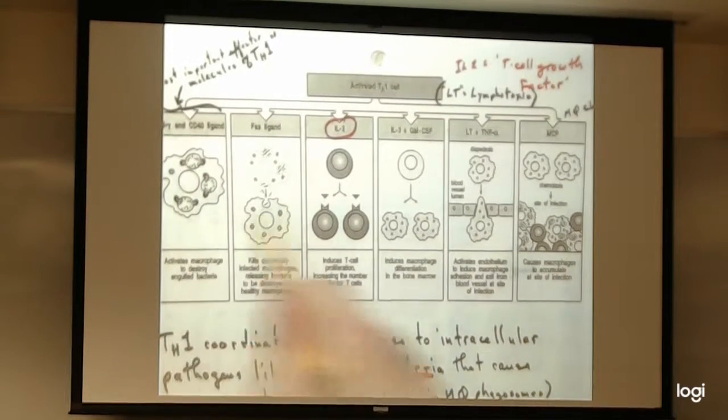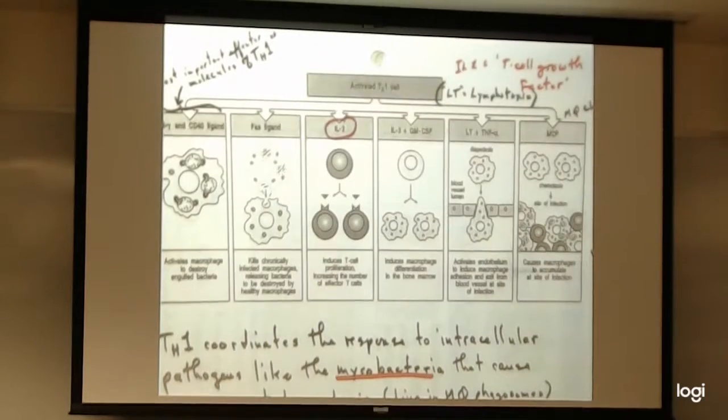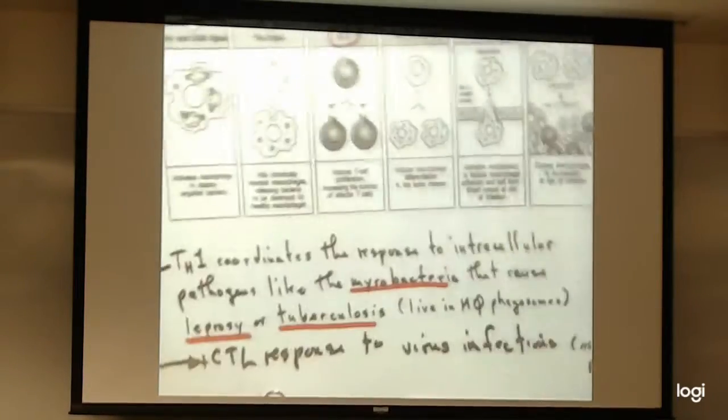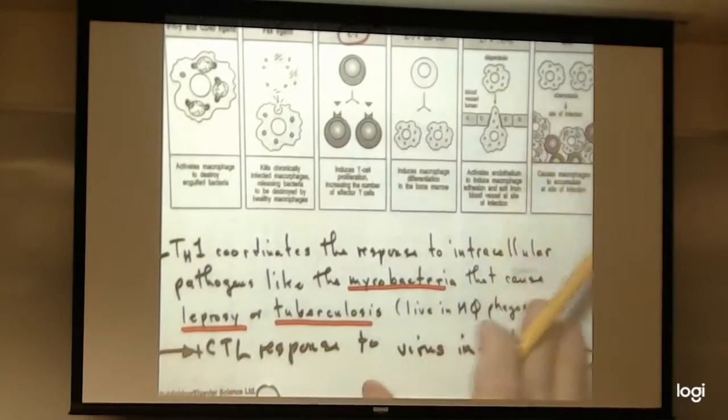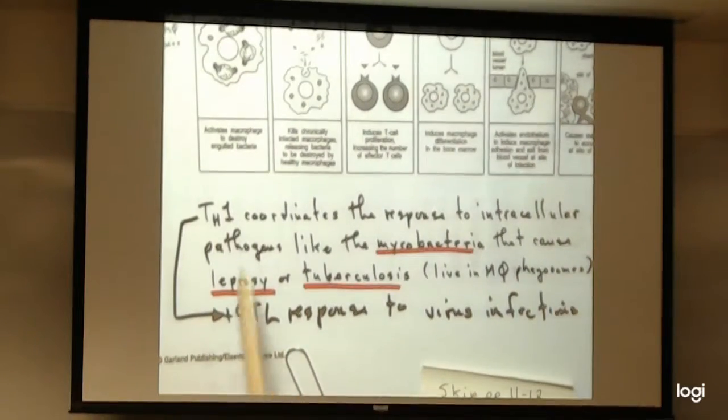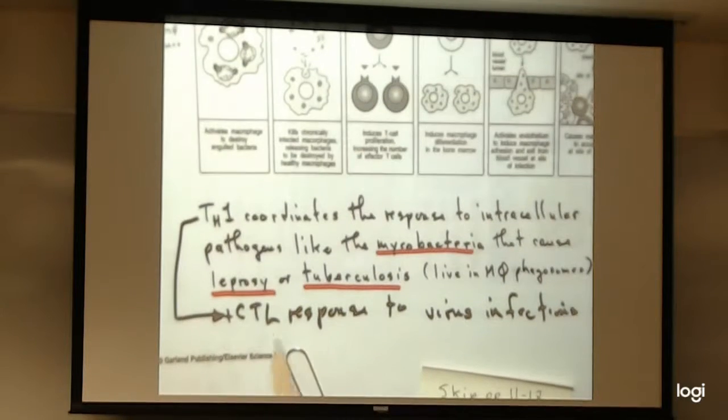I'm not going to ask you to list all these things and what they do. Also, in your book, I want to emphasize that T helper 1 cells also facilitate the killer T cell response to virus infections.